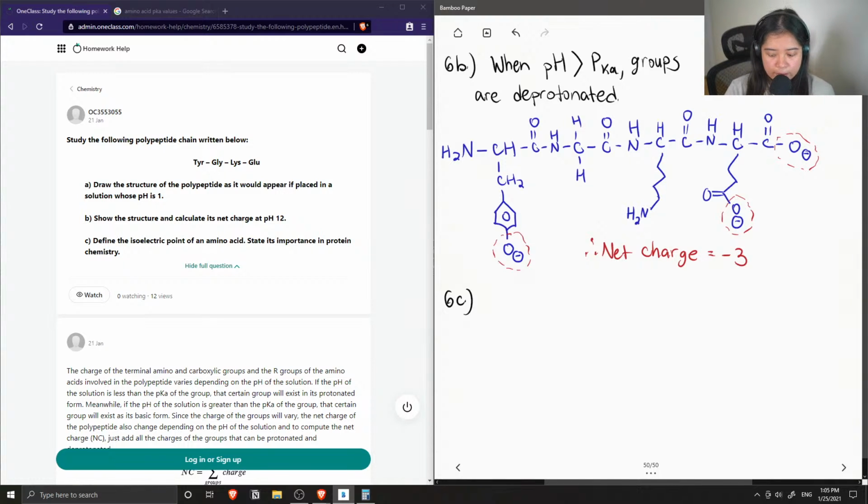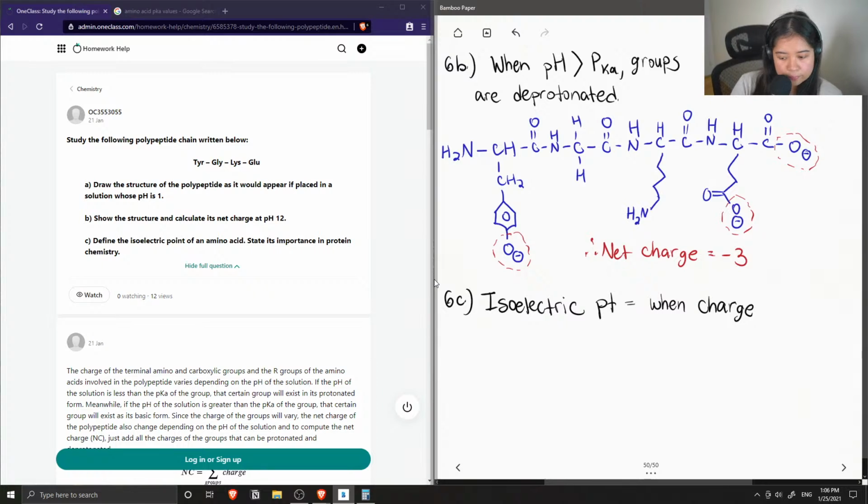Okay, so the isoelectric point, let me write it down. This is when the charge of your amino acid or amino acid chain is neutral.